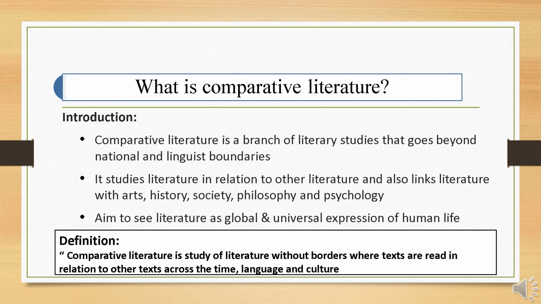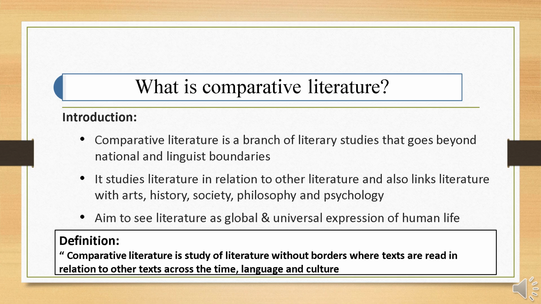It studies literature in relation to other literature and also links literature with arts, history, society, philosophy and psychology. It's not just about studying two different languages or two different literatures as one. It will also help us to see literature as a global and universal expression of human life.